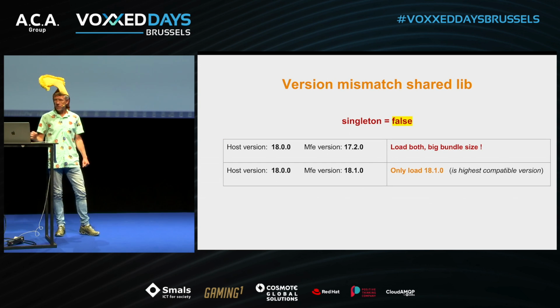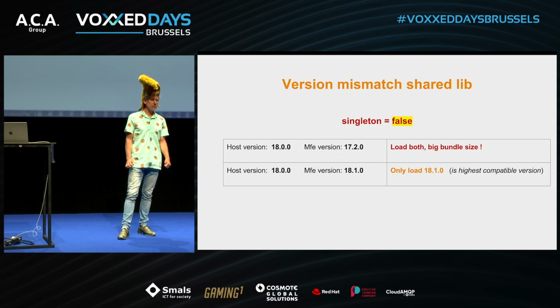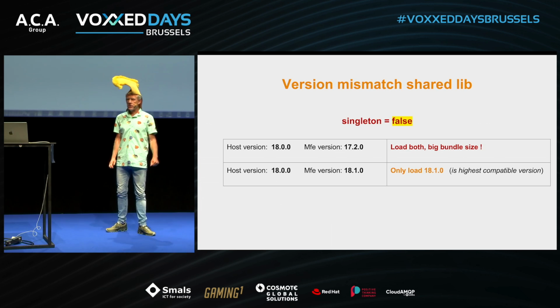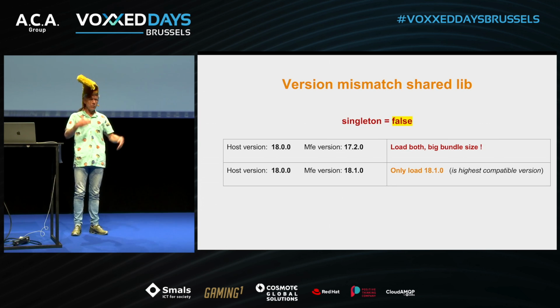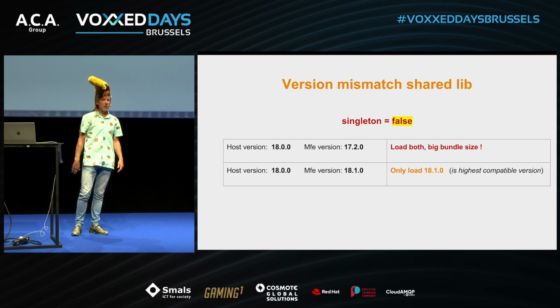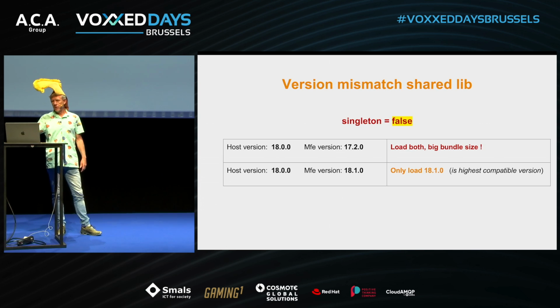When singleton is false, you have to load both, but it can also increase the bundle size. Then you have one version of React for the container and one version of React for your micro frontend or multiple micro frontends. And the last example is 18 and 18.1.